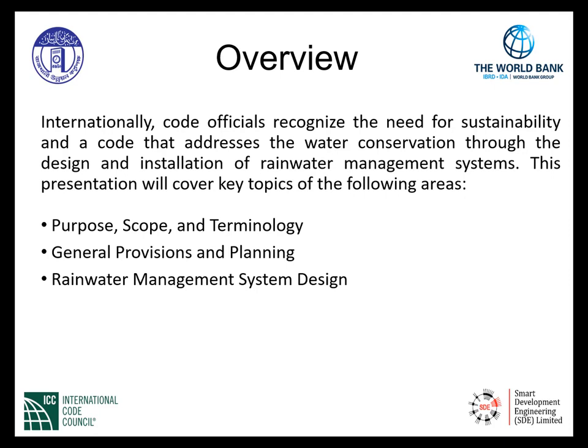We will discuss scope and terminology, along with general provisions and planning for rainwater management systems, including rainwater management system design. We will carry through several examples to help the participants understand proper design and inspection of rainwater management systems.